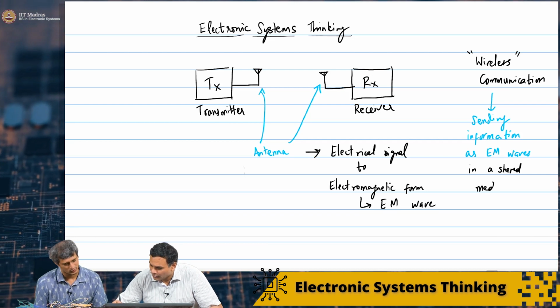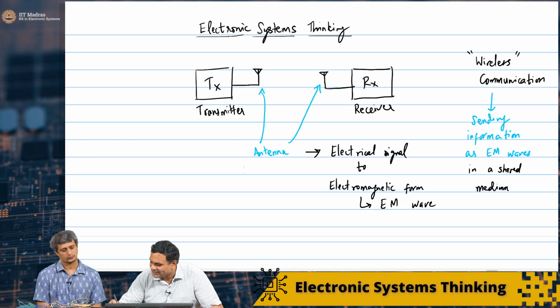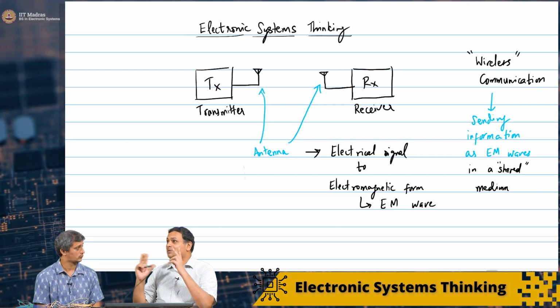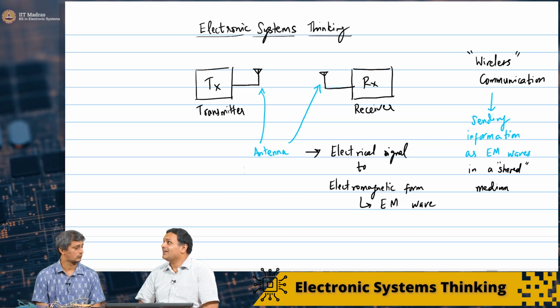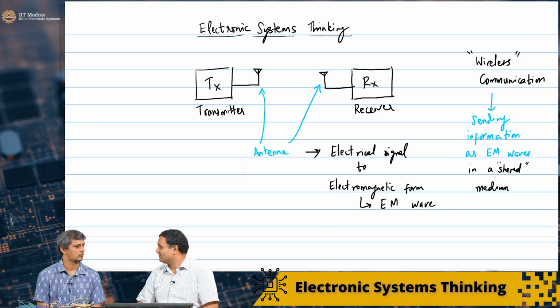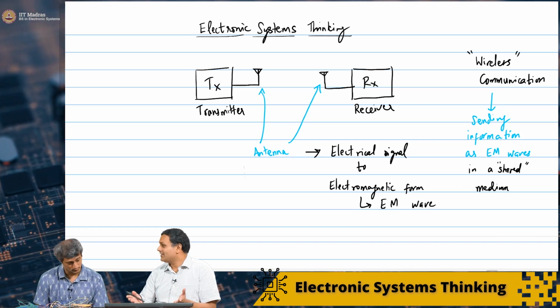This is fundamentally different from wired communication. Let's say 150 years ago, people were sending information on telegraph before wireless became common.